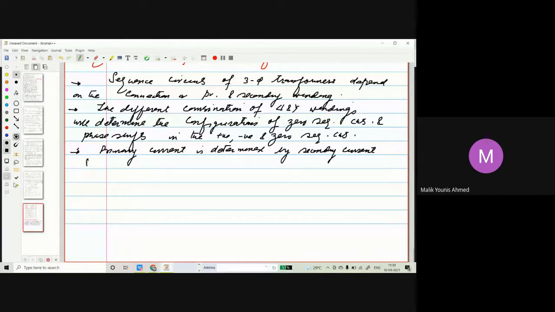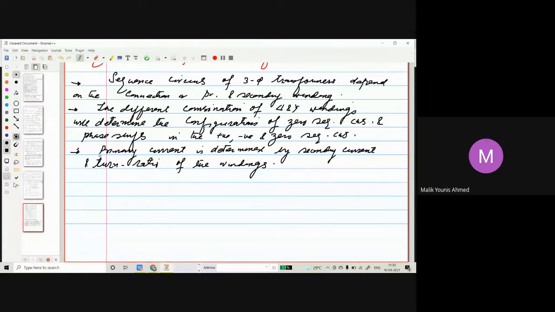Also we should know the turn ratio of the windings. We can neglect the magnetizing circuit later on. There are 5 possible main combinations along with their zero sequence circuits, which will be shown later on.